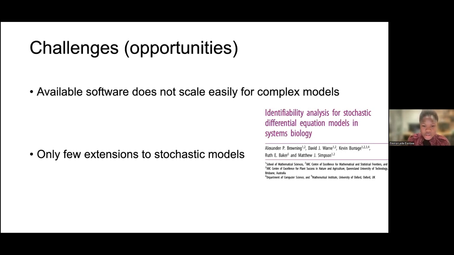However, there's this really good paper which I highlight here. It is a review. So if you're interested in how you can think about transforming the methods for ODEs to stochastic models, Browning and colleagues do a really good job at that. So I'll refer you to that.